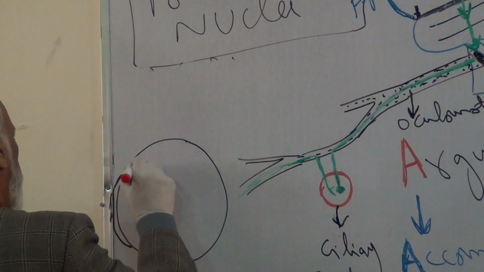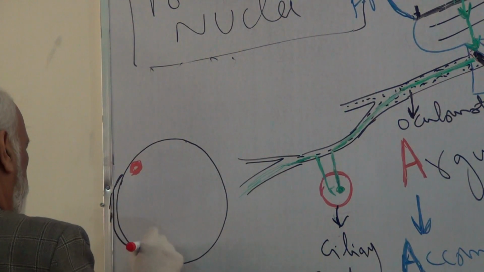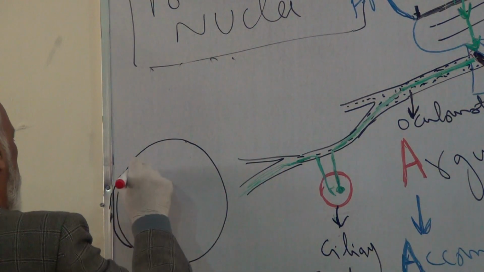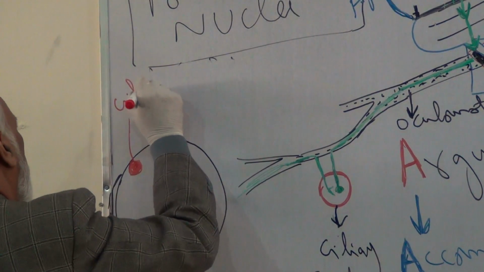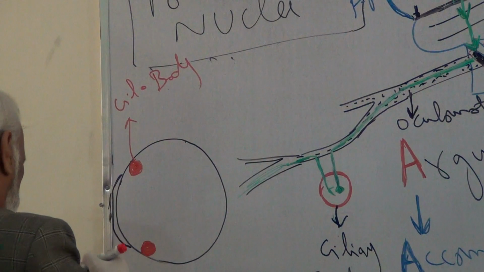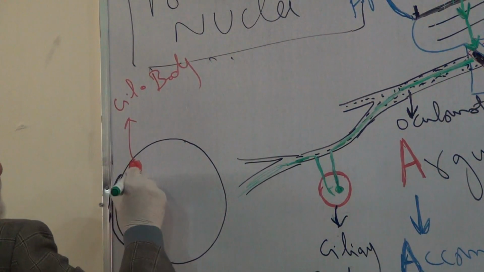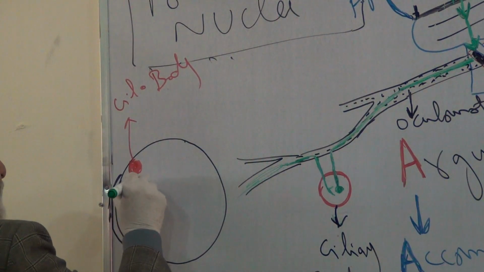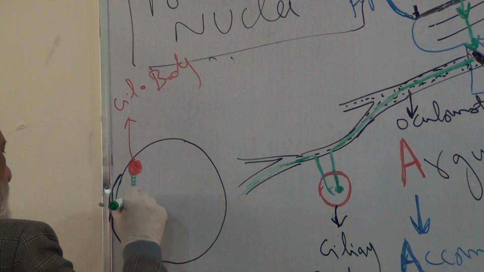The eyeball here shows the ciliary body. Because it is a sectional view, the ciliary body is ring shaped but it is cut twice. Ciliary body, and you know from the ciliary body the iris arises, comprising the intrinsic muscles, constrictor pupillae and dilator pupillae.